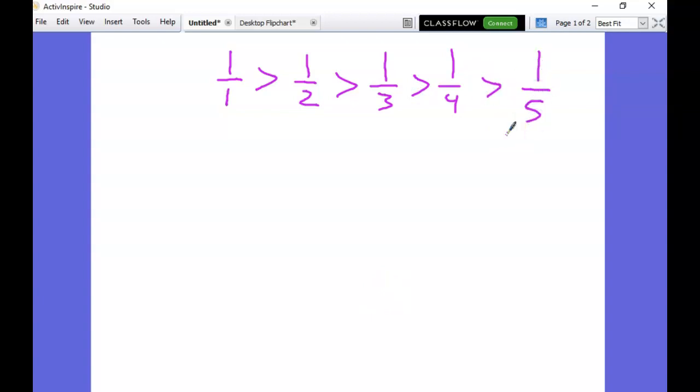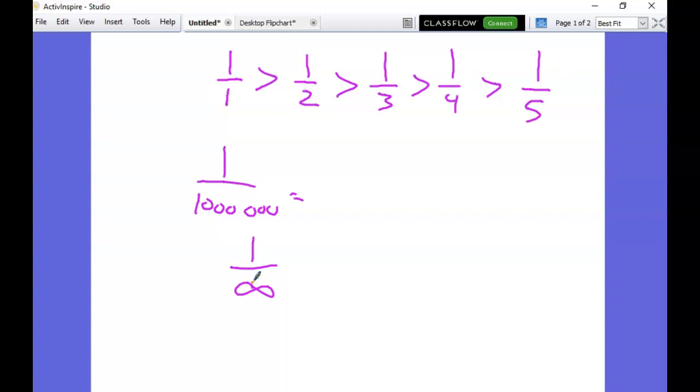So every time you make the bottom bigger, the fraction gets smaller. So how small would this be? Really small. How small would that be? There's a number for that. Pretty small. It's called infinitely small.